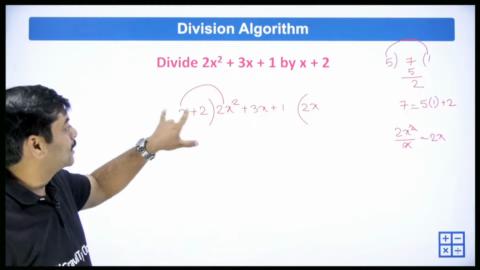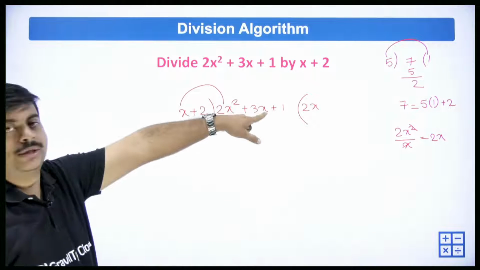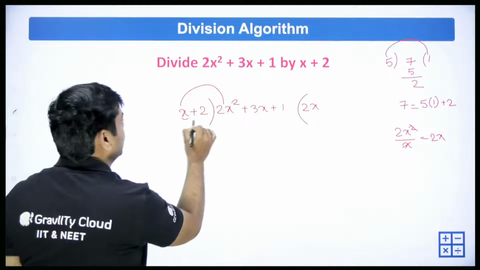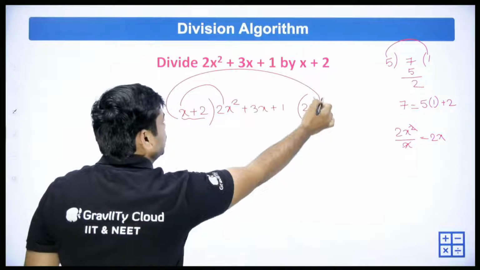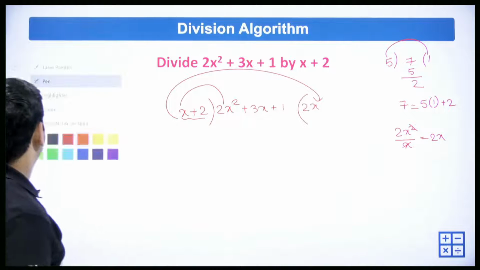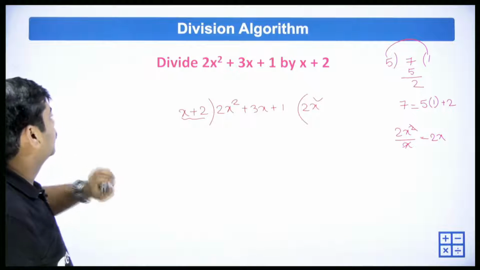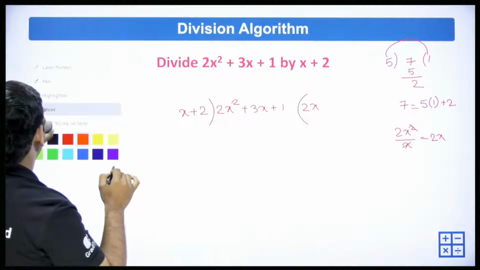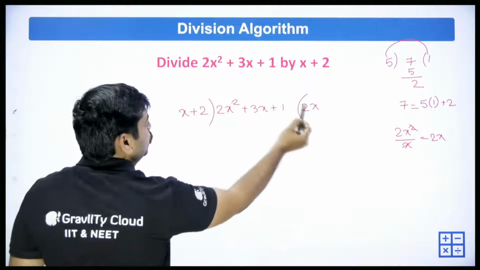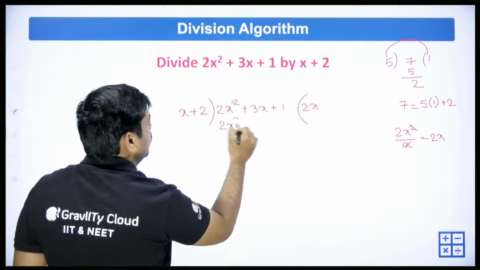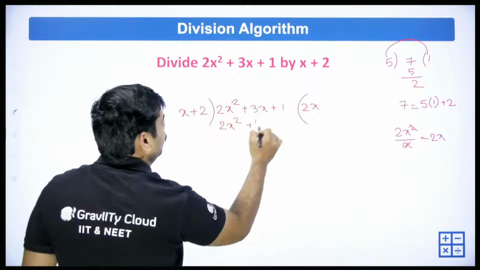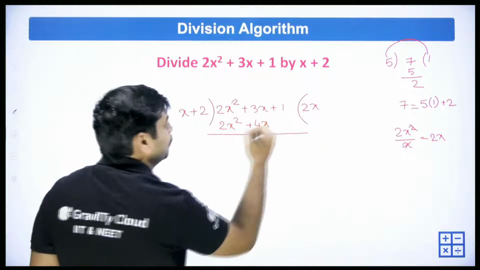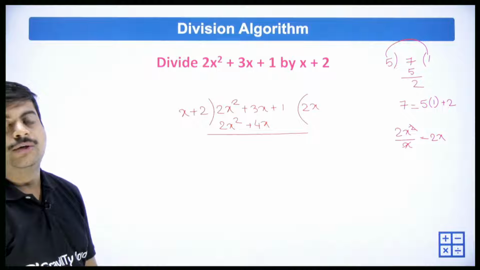Now multiply this complete x plus 2 with 2x. Tell me what you'll get. Let me erase this. x into 2x is 2x square, plus 2 into 2x is 4x. And now you need to subtract these two.